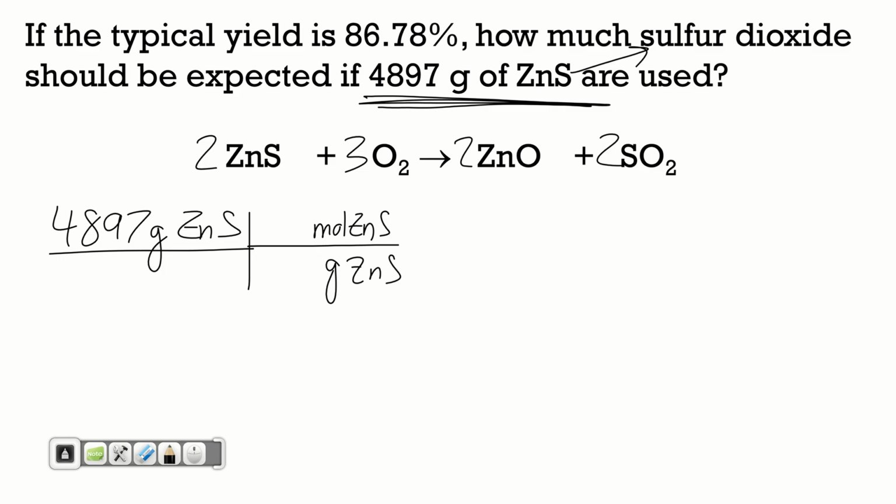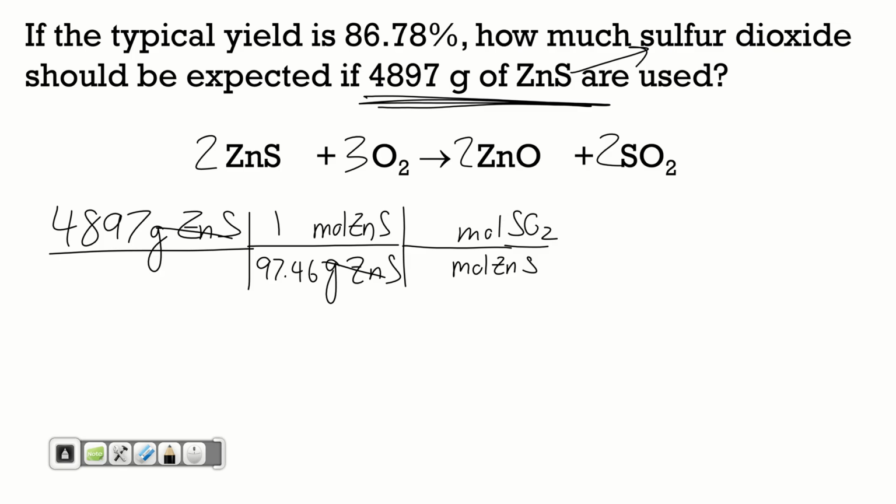I know it's going to be 1 mole of ZnS, 65.39 plus 32.07. I get 97.46 grams per mole for ZnS. I'm going to go from moles of ZnS to moles, what do I want? Sulfur dioxide, SO2.